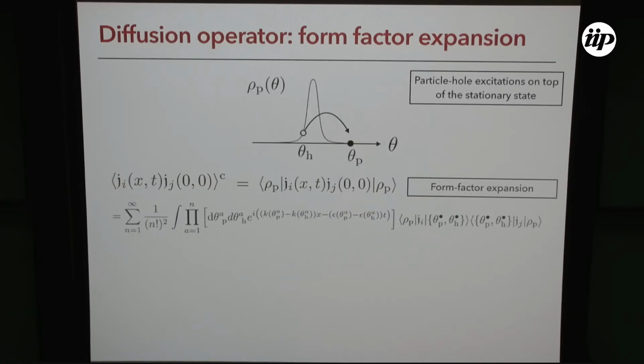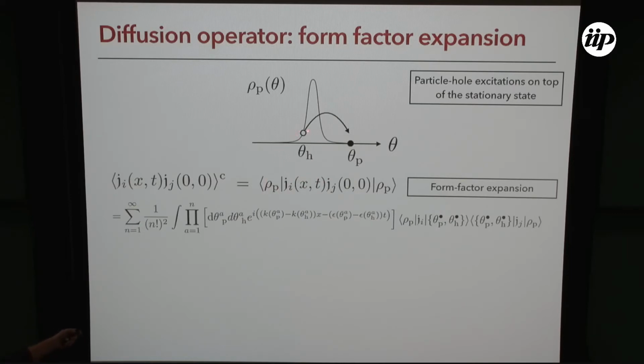But here we have some friend which is telling us that the only intermediate states you have to include are called particle-hole excitations. So what are particle-hole excitations? It's just telling you that you have your reference state, which is some quasi-particle state, so there is some quasi-particle content described by some density of quasi-particles. And all the intermediate states, all the excitations that are relevant from the point of view of local operators on this state, are simply particle-hole excitations.